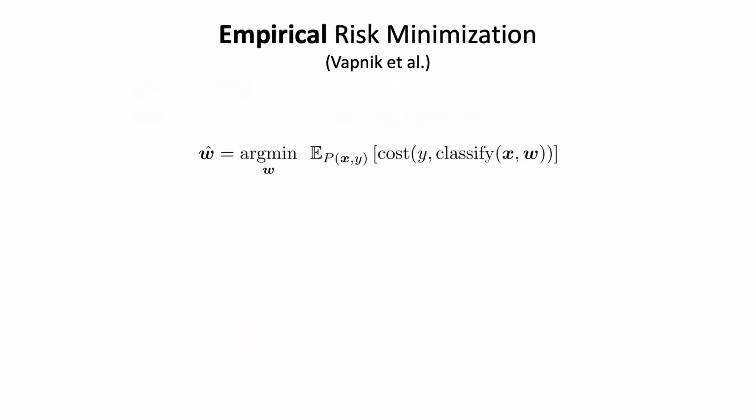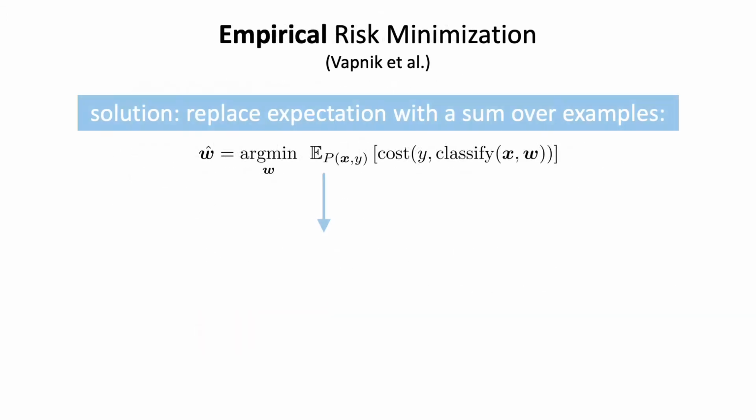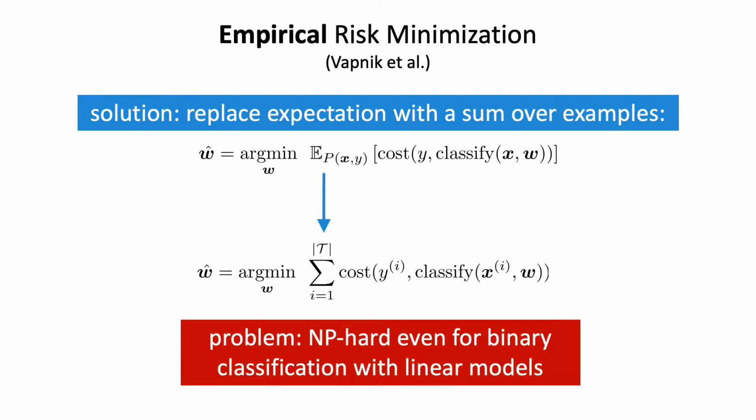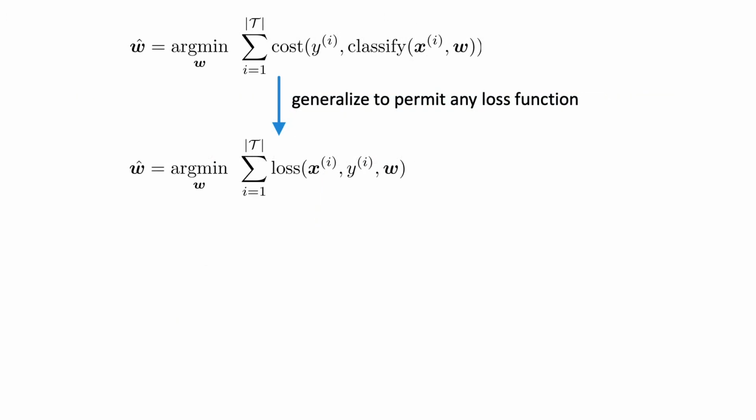So the idea of empirical risk minimization is to replace the expectation with respect to the unknown distribution with a sum over data points. However, there's still a challenge with this. It's actually intractable to solve this optimization problem, even in the simple case of binary classification with linear models. So let's generalize this objective function.